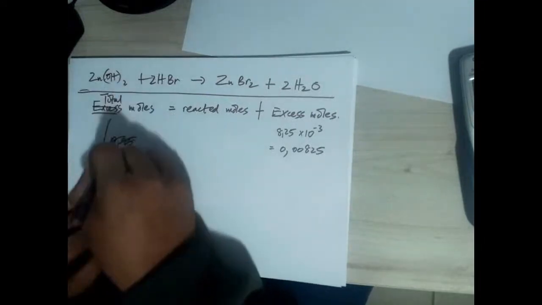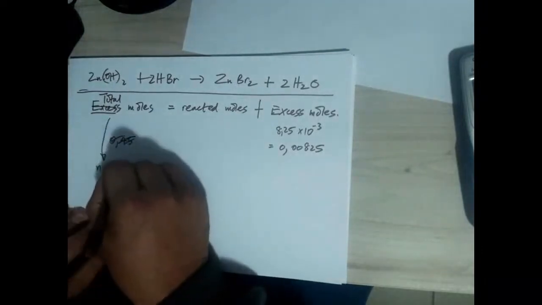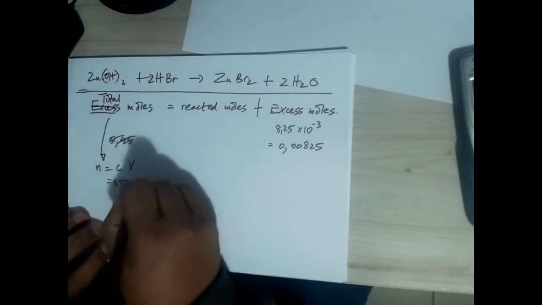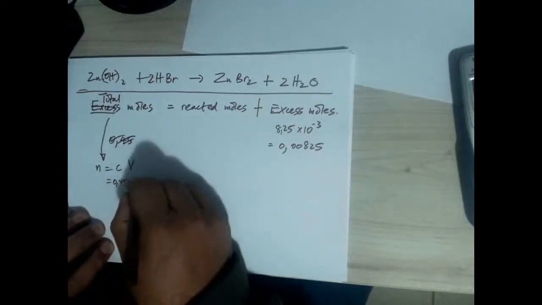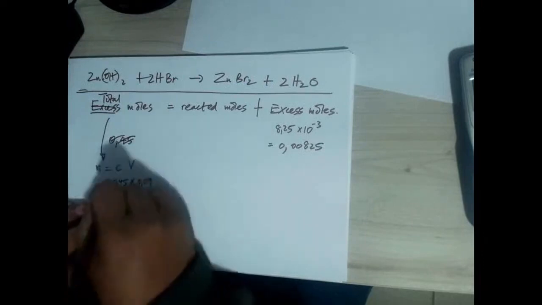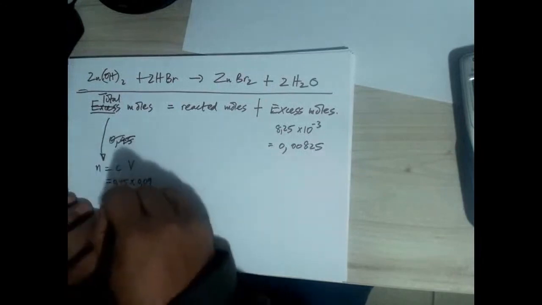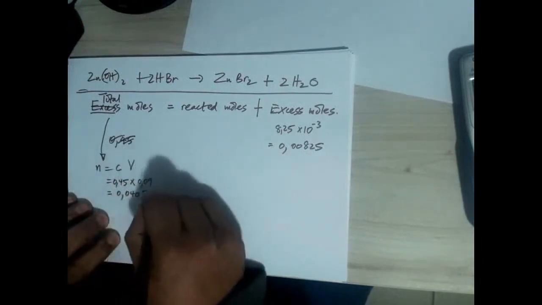So if I want to calculate the total moles, I must go moles is concentration times volume, which is 0,45 times 0,09. And that gives us 0,0405 moles.